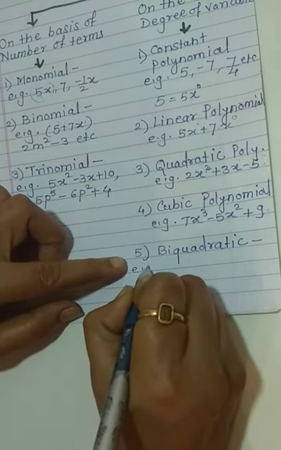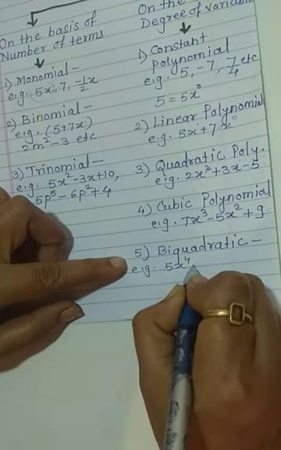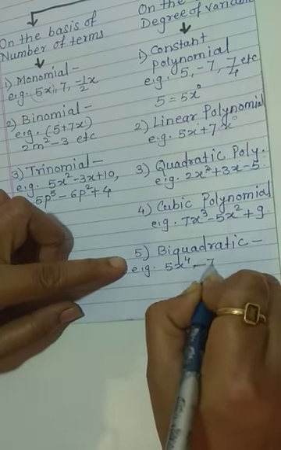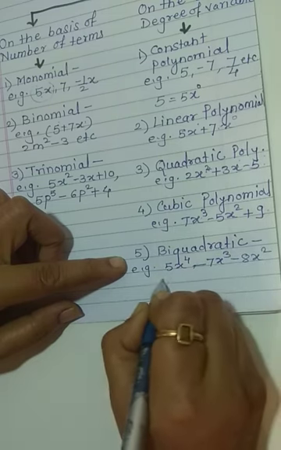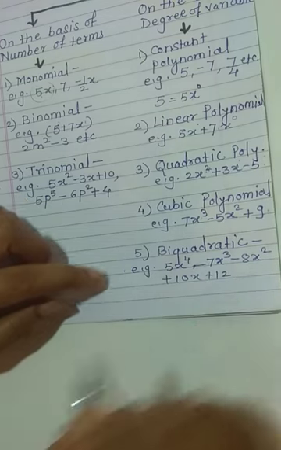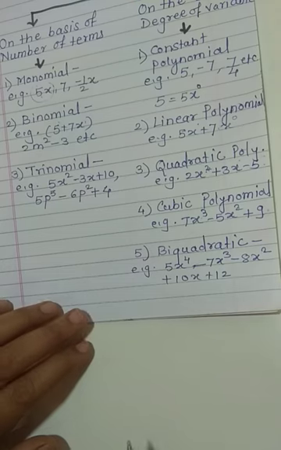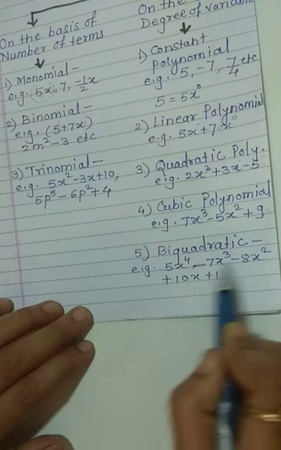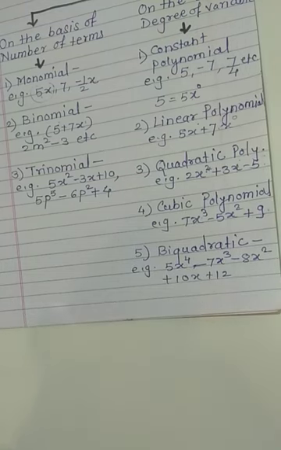That means example given, 5x raised to 4 minus 7x cubed minus 8x squared plus 10x plus 12. This is an example of biquadratic polynomial. Here degree of this polynomial is 4 and therefore it is called as biquadratic polynomial.